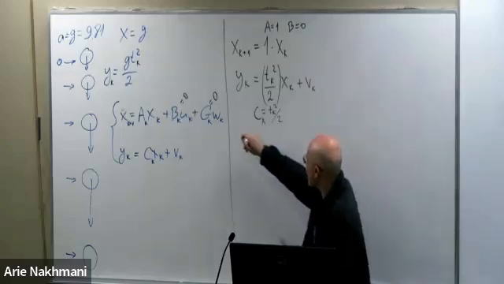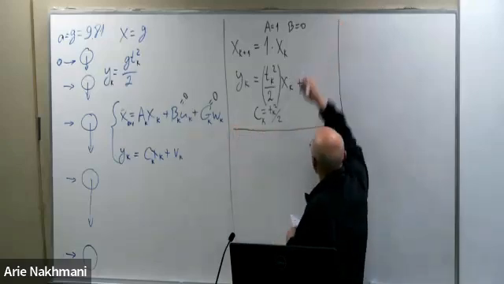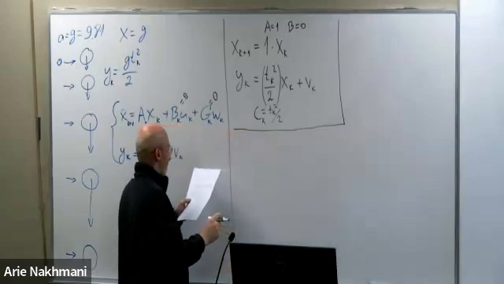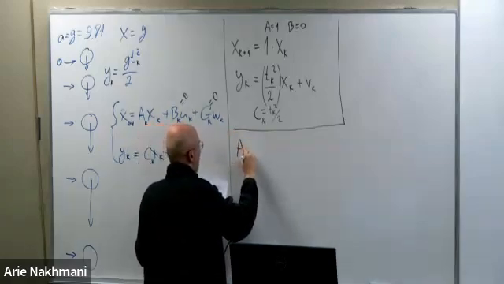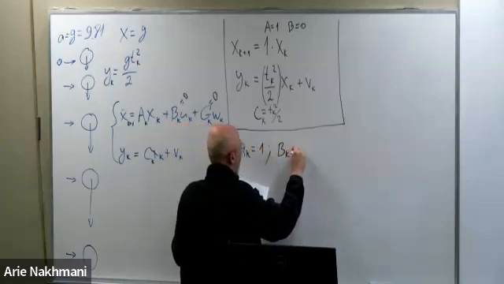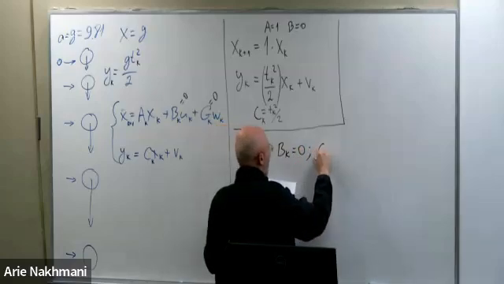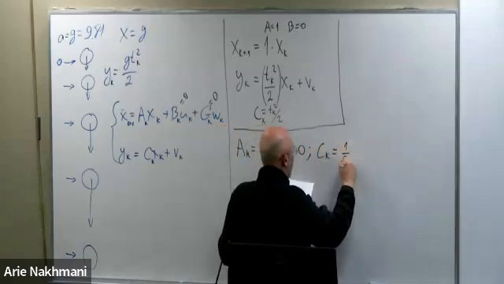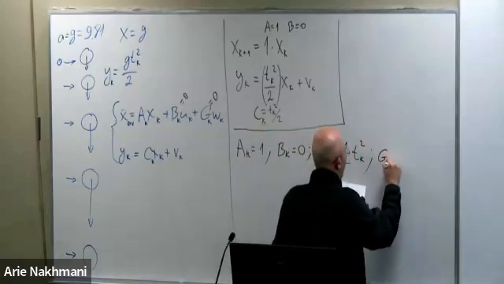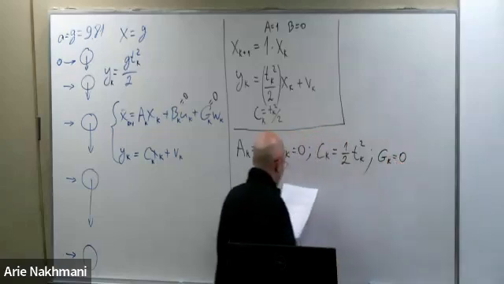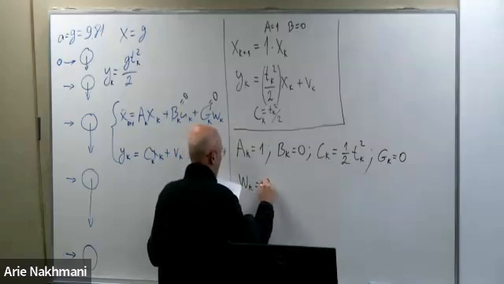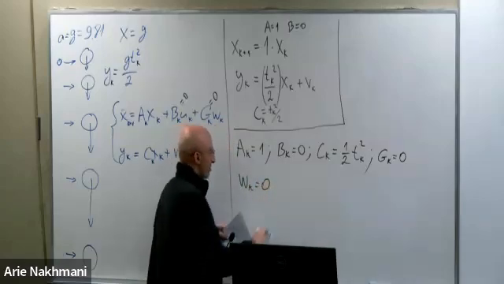Okay, I will just summarize what is given in our problem, right? All of the variables. We'll have some reference. So AK will be always 1. BK will be always 0. CK will be 1/2 TK squared. GK will be 0. And then you have WK equals 0 because you do not have any system noise.